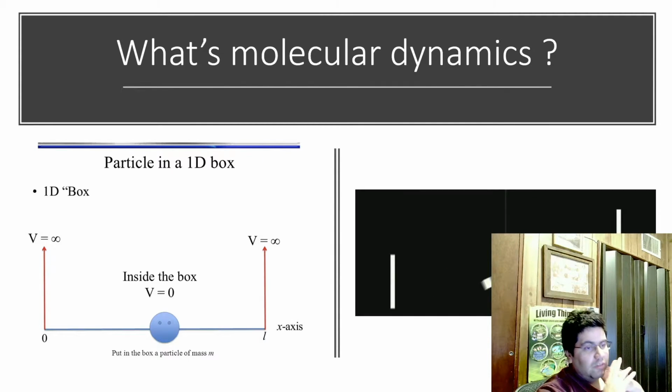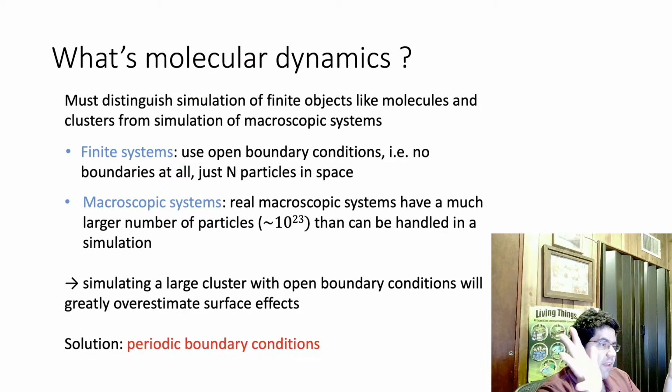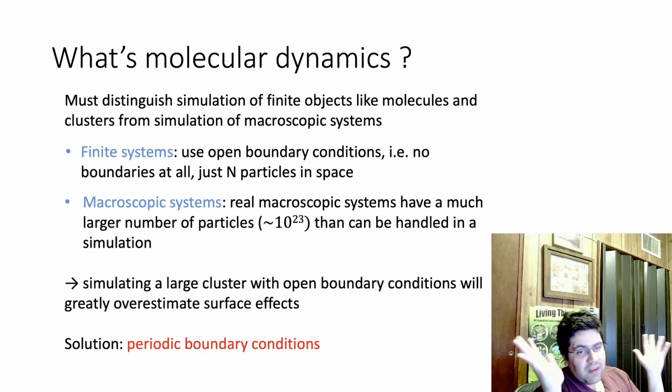So there are many surface effects that we have to consider. There are two ways that we can remove the surface effects, and I'm gonna go to the next slide and define them.